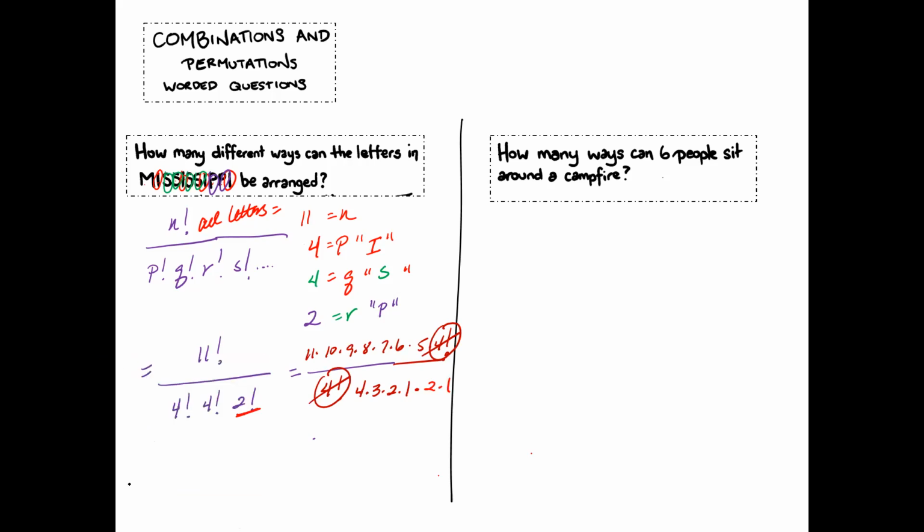And now it comes to the part where you get to cancel a few of them. You know that 6 divided by 2 is going to give you a 3. I'm going to save 10 divided by 2 is going to give you a 5. 8 divided by 4 is going to give you a 2.